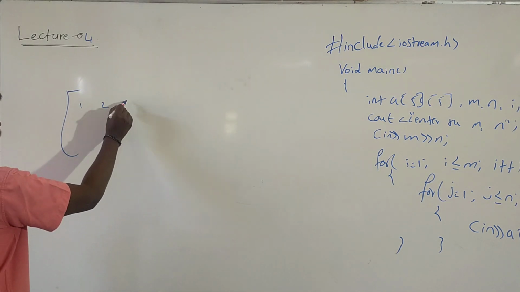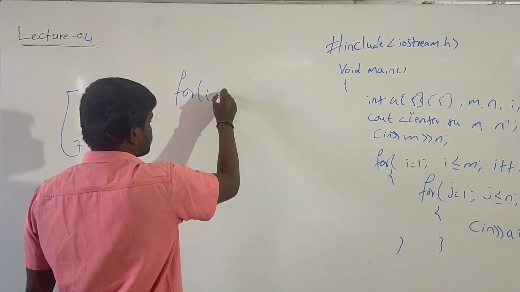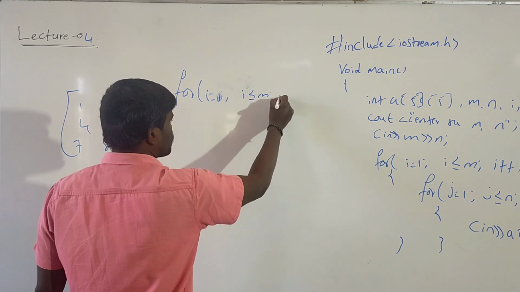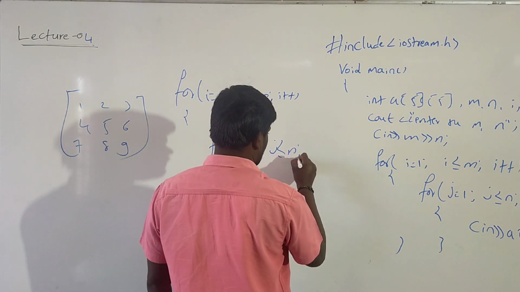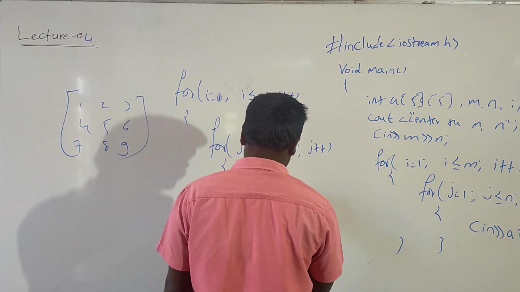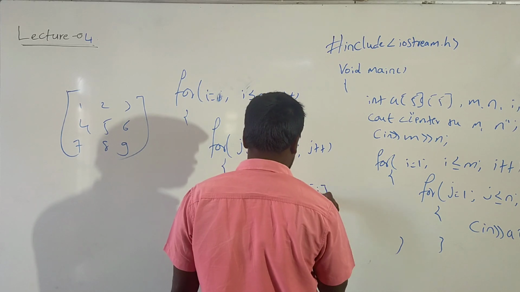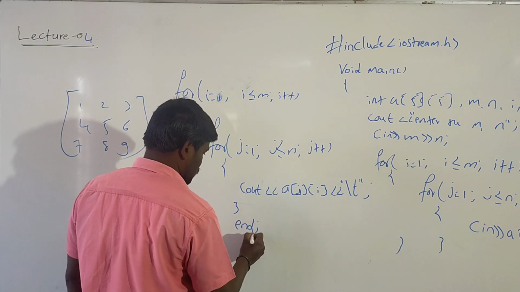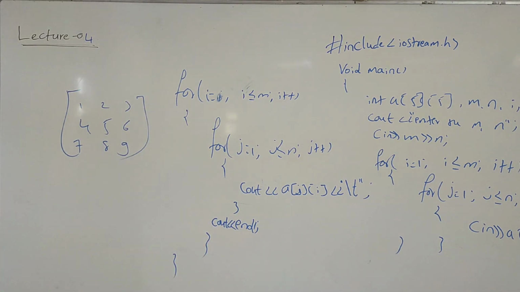The matrix is 1, 2, 3, 4, 5, 6, 7, 8, 9. So this is the program.